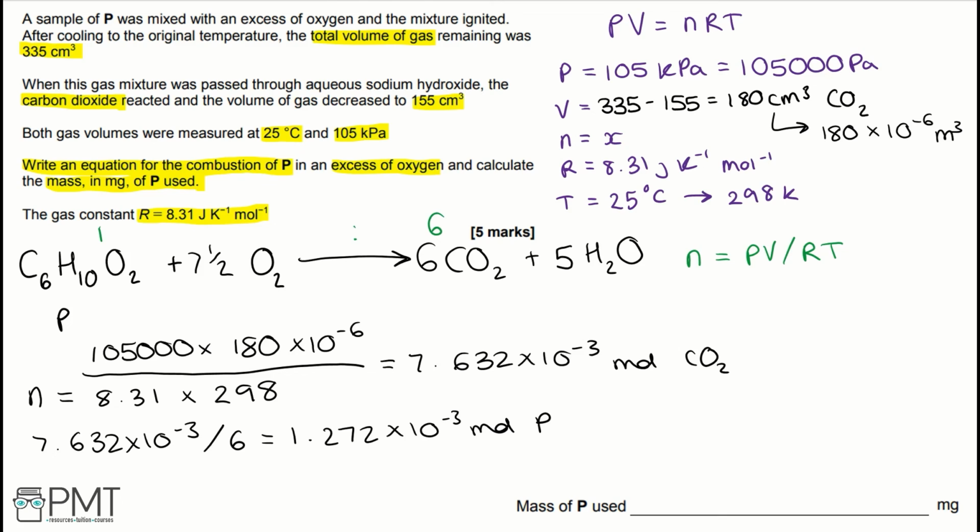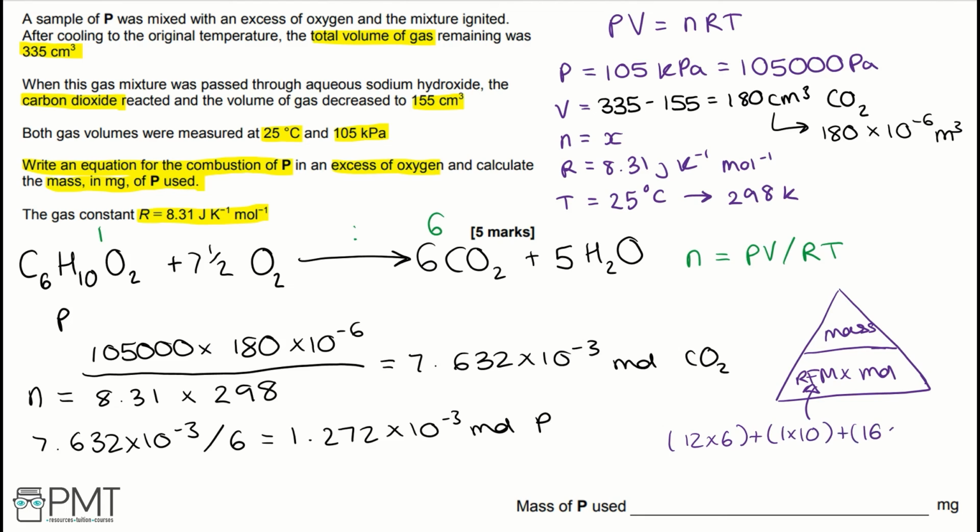Now we need to work out the mass of P. So firstly, that requires working out the relative formula mass, because we're going to use the equation triangle that has mass is equal to the relative formula mass multiplied by moles. So the relative formula mass of P is 12 times 6 plus 1 times 10 plus 16 times 2, which equals 114.